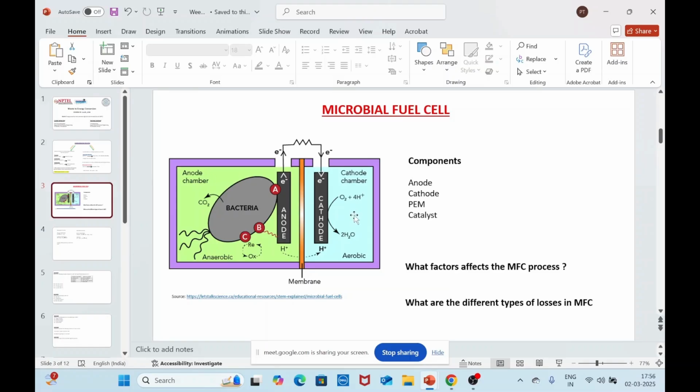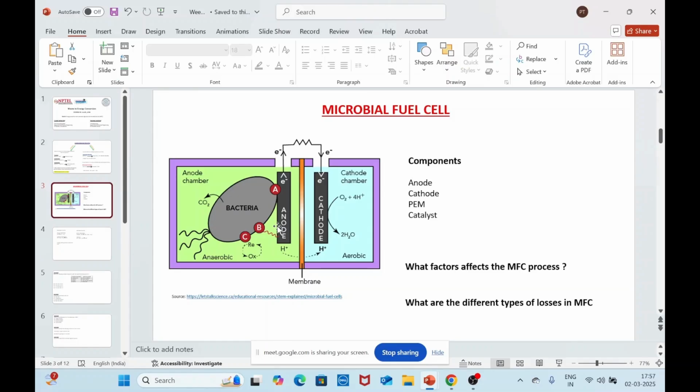In order for this transfer process to happen, sometimes the bacteria that you use may not directly transfer the electron to the anode. So there are two different processes: the indirect transfer process and the direct transfer process. Depending upon the type of bacteria that you use in this system, the mechanism for direct or indirect transfer is going to change.